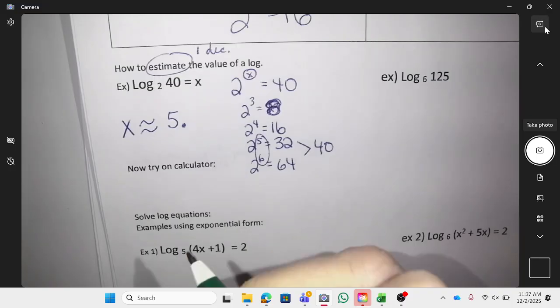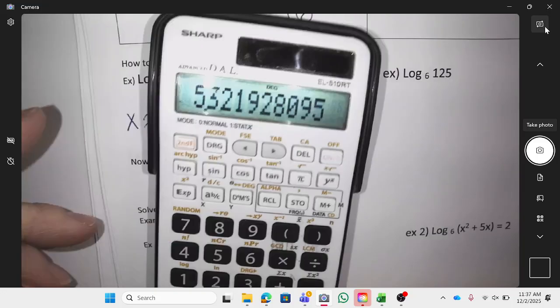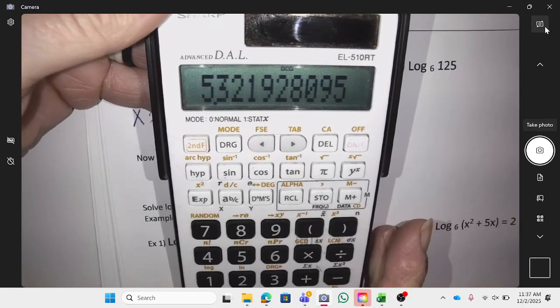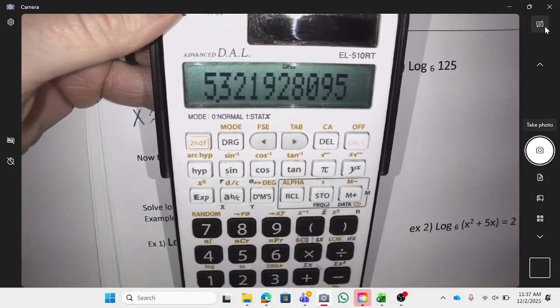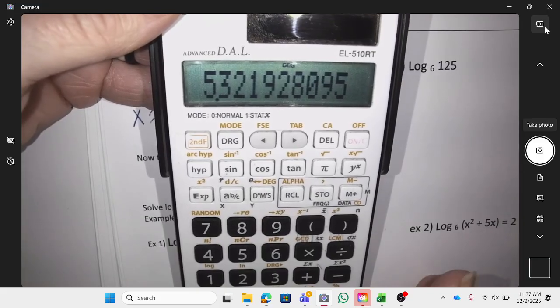Low? 5.2? Does that make sense? I'm not going to show you how I did this, but that's the exponent. So we were pretty close.